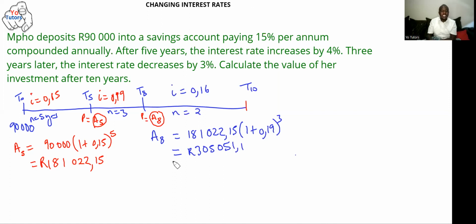That's what we get there. That's our A8. Then we know that our A10, sorry, the accumulated amount, the final amount there, is going to be equal to 305,051.51 in bracket 1 plus 0.16 to the power of 2, because the remaining period is now 2 years.